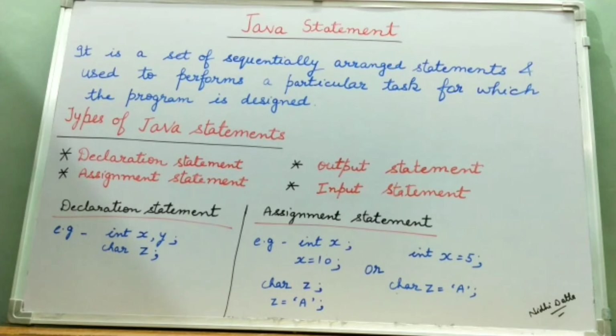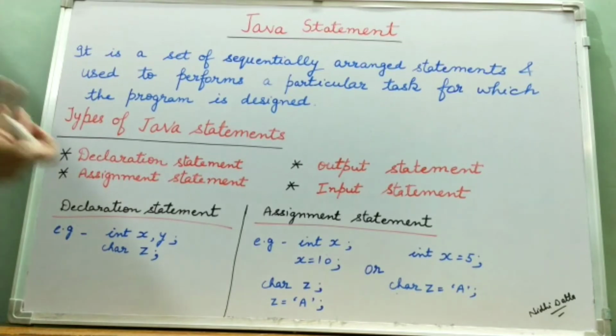Here is an example of a declaration statement. Under declaration statement I have written int x, y. Int is an integer data type, which means we can store a number value in it.